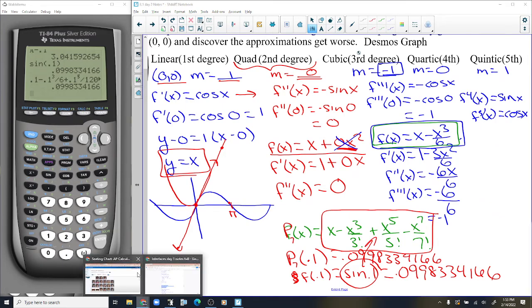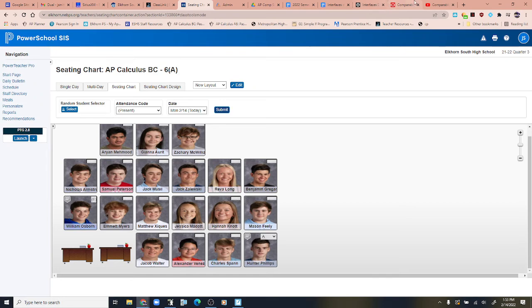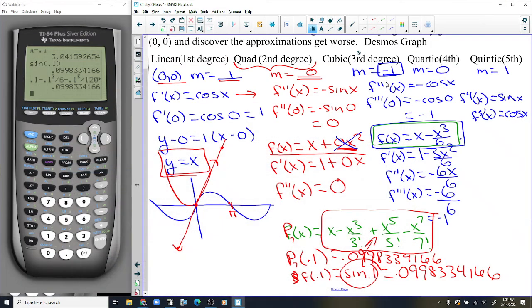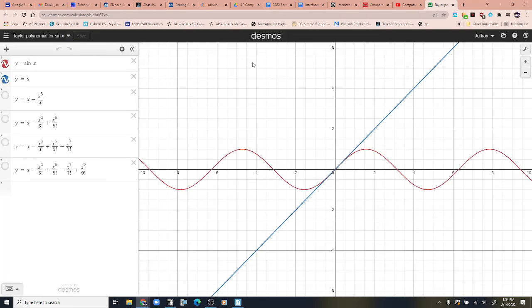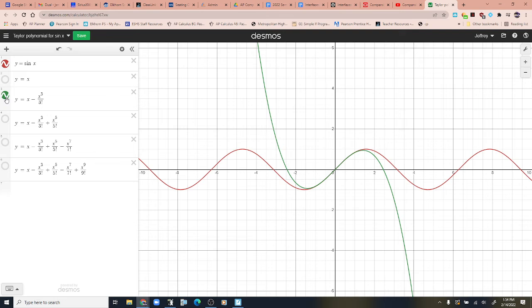Prepare to be amazed. There's the line. Here's the cubic. Here's the quartic. Here's the, no, that's the quintic, I think they call it.